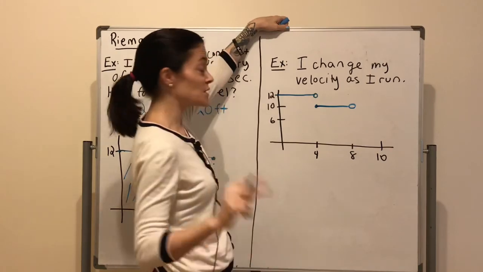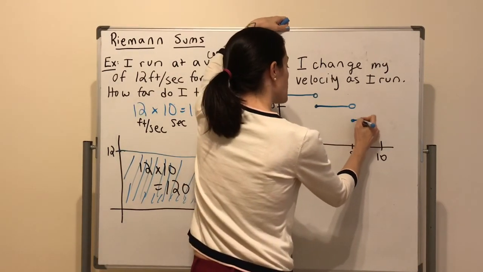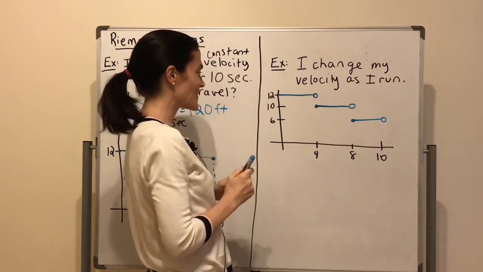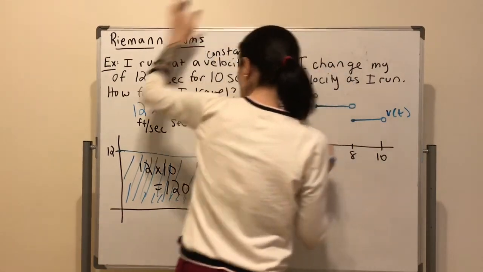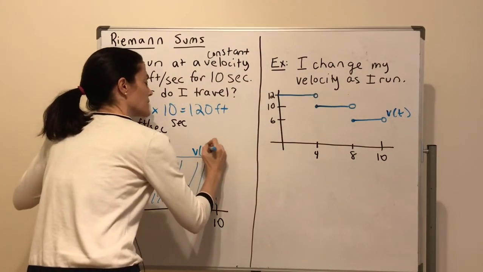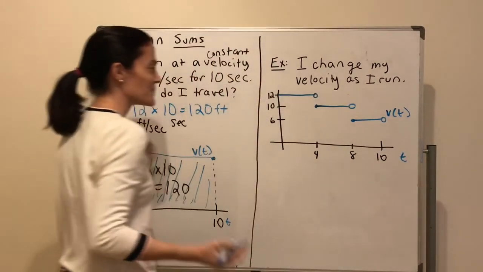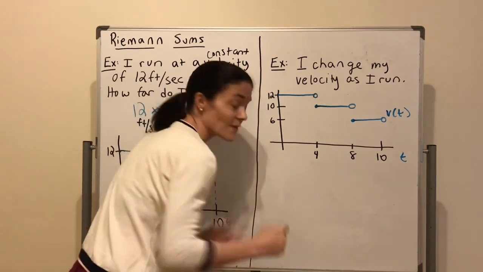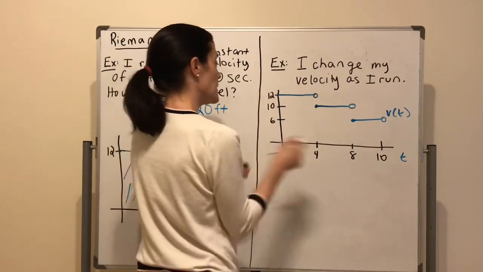And the last 2 seconds, maybe I'm very tired and I just run 6 feet per second, like this. So now this is my velocity function, v of t. This is time t. Very nice. Well, the question is still, how far do I go, or what is my displacement?